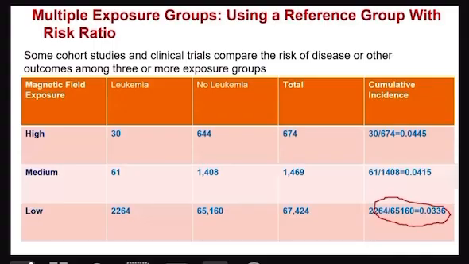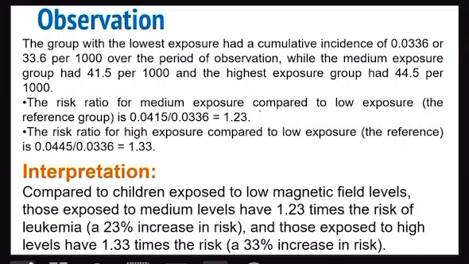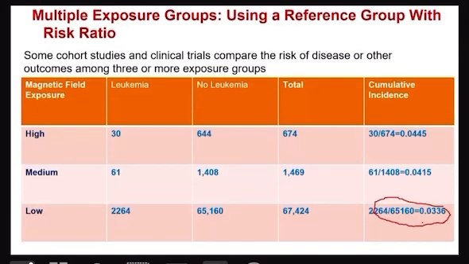Does that make sense? That's exactly what I'm going to compute the relative risk for. This one is going to be in the denominator, and each of these is going to be in the numerator. So that's what you see here.